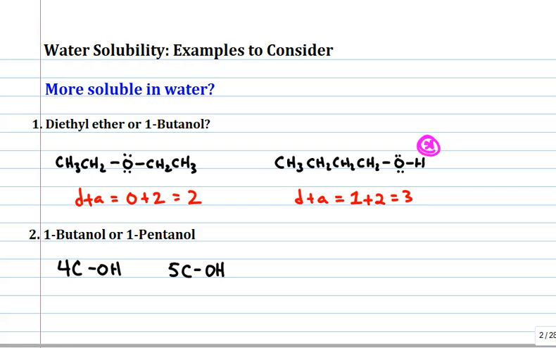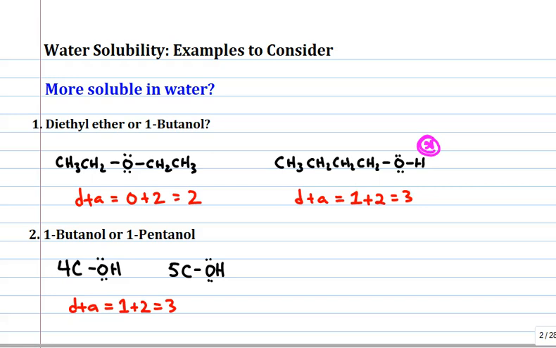Okay, and again, let me be very careful. Let's put in the lone pairs. So for both of these, D plus A equals 1 plus 2, which equals 3. I don't think hydrogen bonding differentiates these two with respect to water solubility. They have the same capacity to form hydrogen bonds with water.